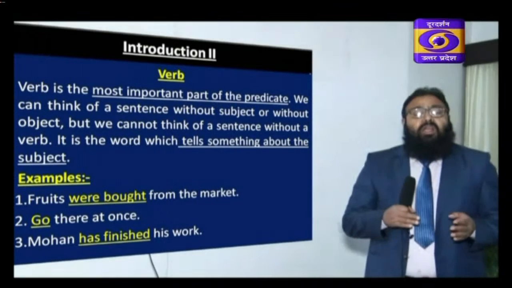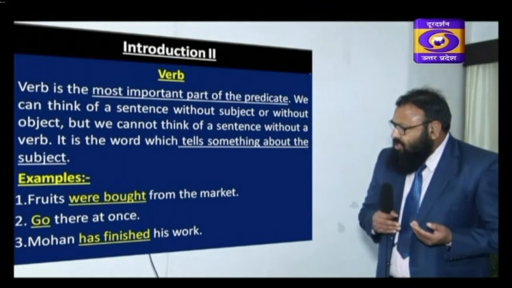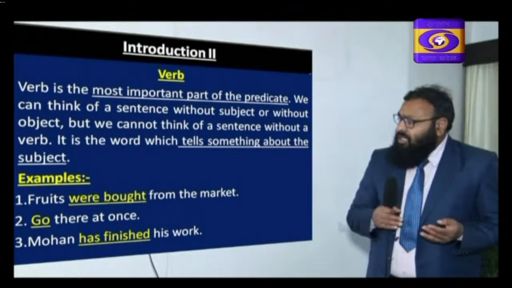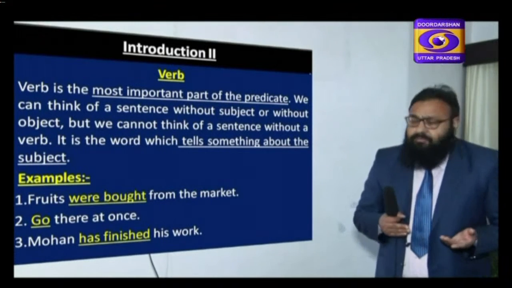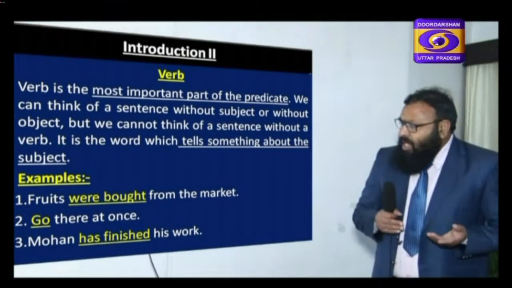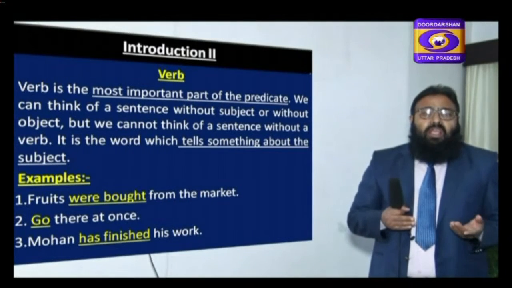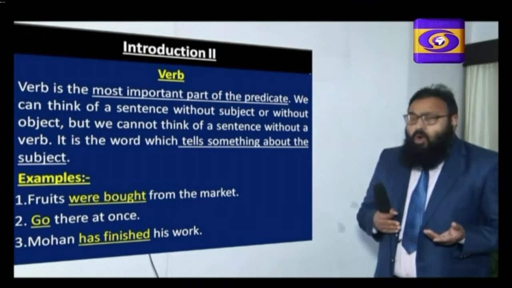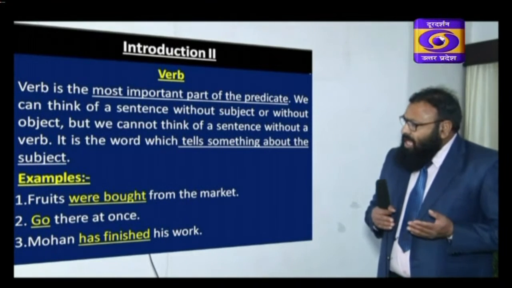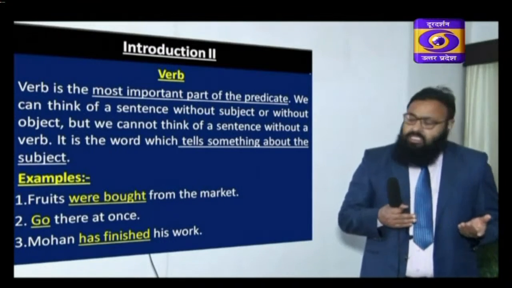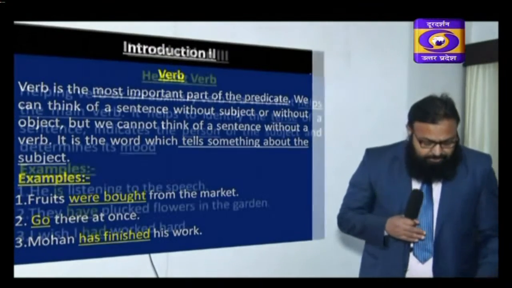Example number 3: Mohan has finished his work. Now here has finished is a verb because it is telling us what the subject Mohan has done. Has finished is the verb.